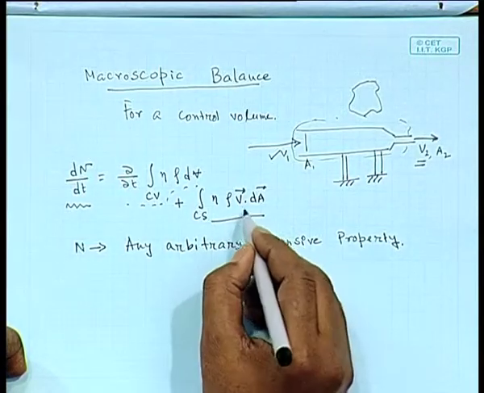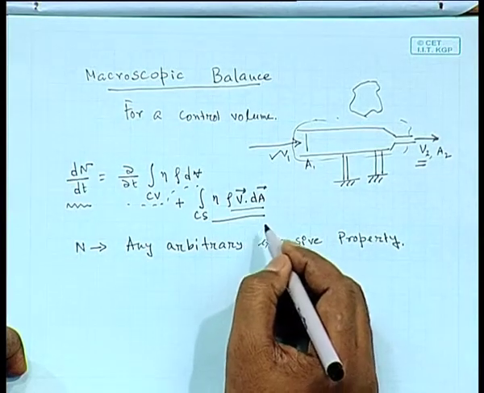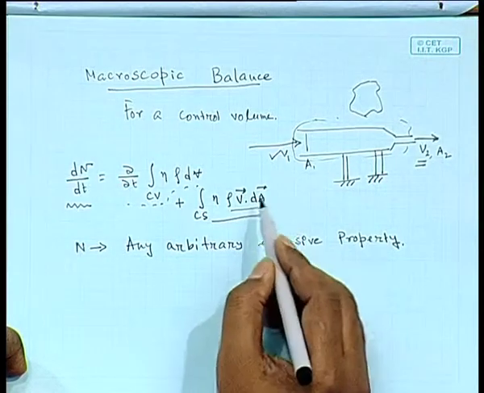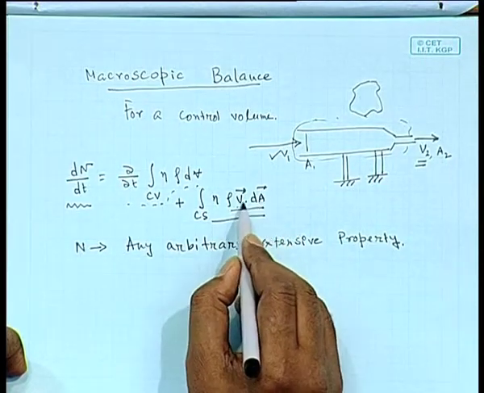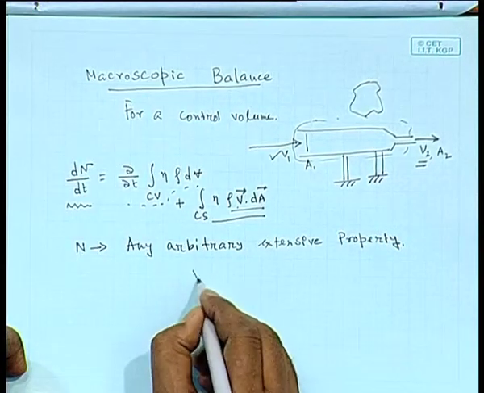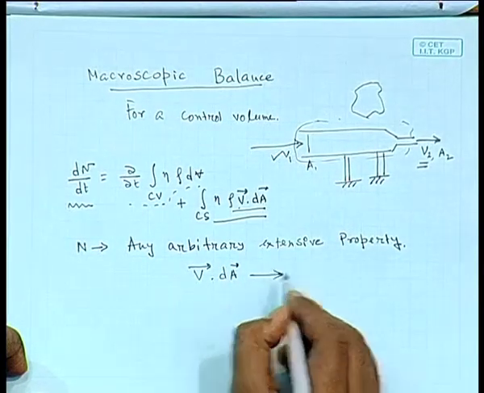And rho times v dot dA over the control surface is basically giving you the mass flow rate, and this is a vector multiplication. So, this is a scalar product, and this v dot dA will assume a sign depending on direction.